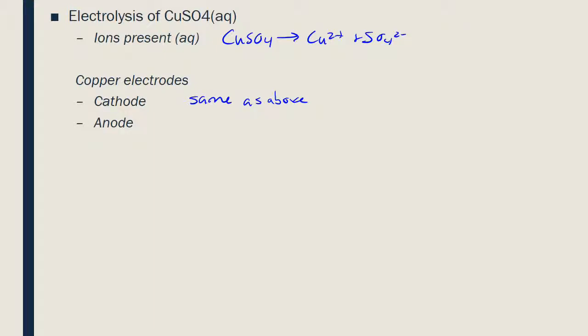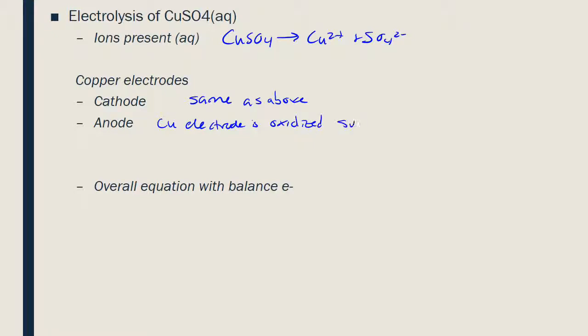At the anode, however, what you're going to see happen is the copper electrode is oxidized. The electrode itself is supplying the electrons. This is causing the dissolving of that electrode into Cu2+ ions.